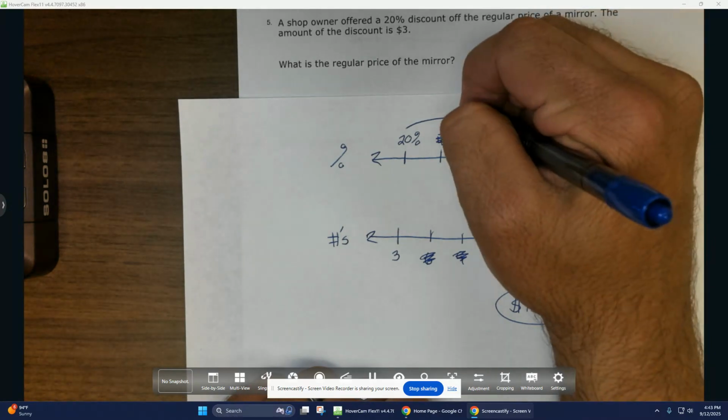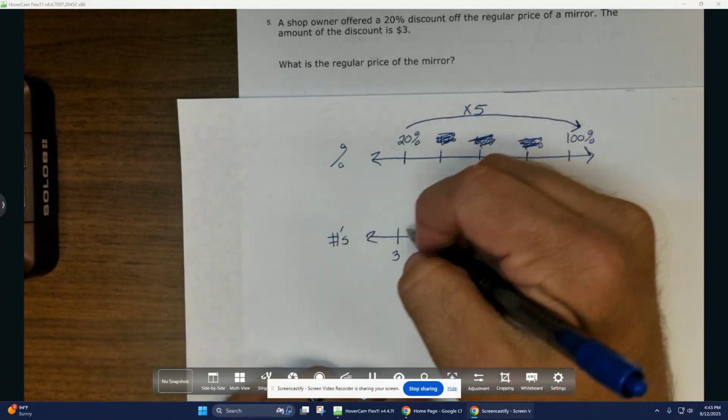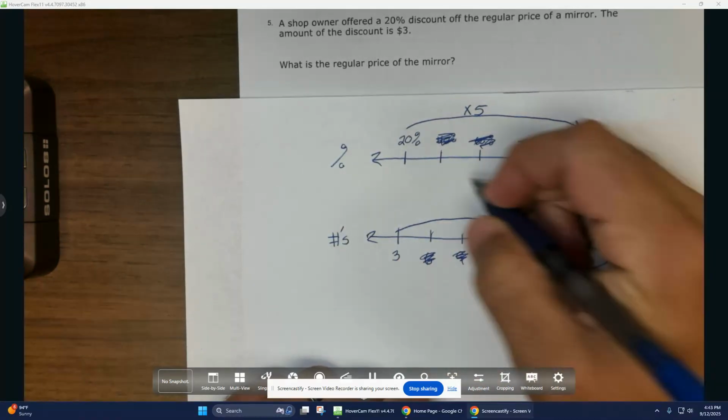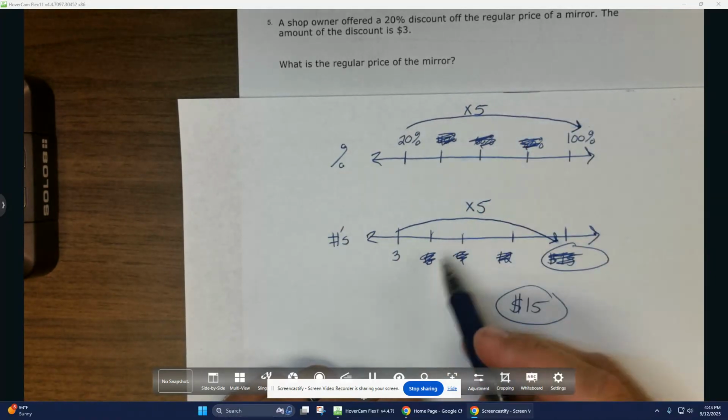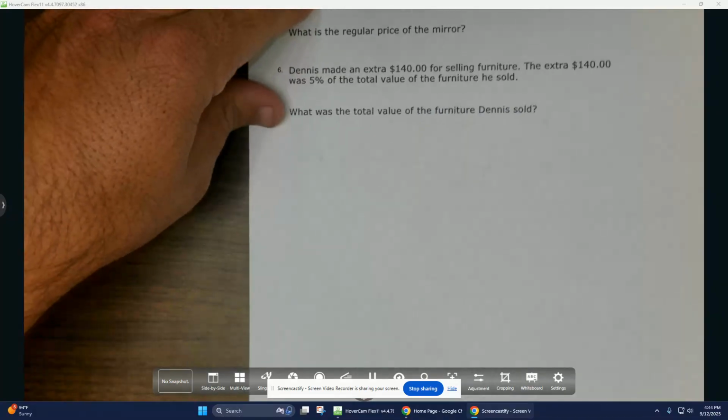Well, it takes 5 $20 bills to give you $100. Look at your arrows. They're going the same way. 3 times 5 is also 15. Look at that. Same problem, solved 2 different ways. Holler. All right, we got one more to do.